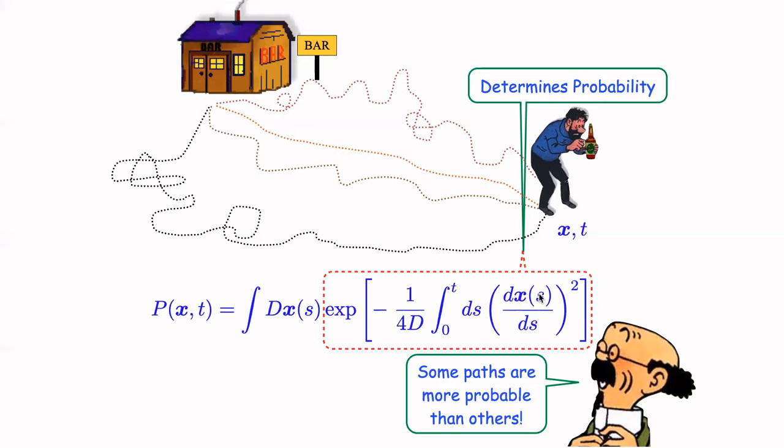That means you are actually getting velocity here, right? And therefore this is velocity, the whole square. It is very much analogous to kinetic energy, which contains mass into velocity square, whereas here you don't have mass, you have this 1 by 4D. And then of course you have to integrate from the beginning of the path to the end of the path.